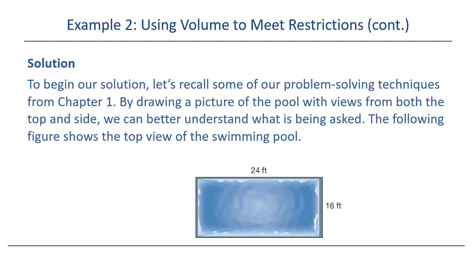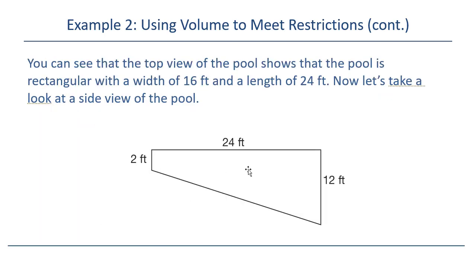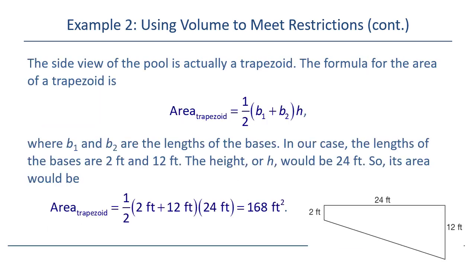Now let's break it up into pieces and figure out what's going on. So here's the side shot again, and then we're going to have to break it up. Well, instead of breaking it up into the rectangular piece and the triangular piece, we could actually just think of it as a trapezoid, find the area of that trapezoid, that becomes our base, and then the height becomes the third dimension.